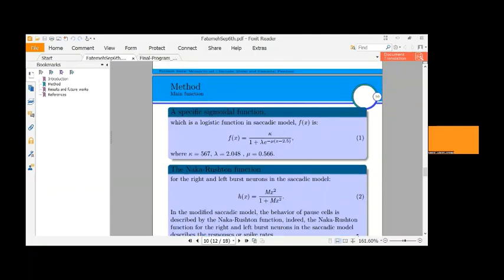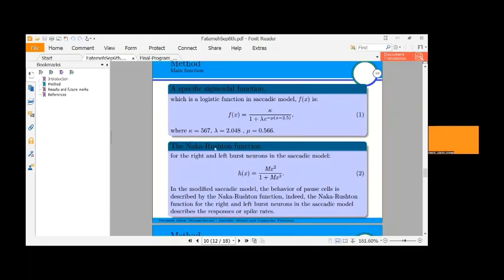In this presentation, I want to introduce a new function in order to replace f of m in the saccadic model. Actually, this function is very close to the recorded figure by Van Gisbergen. Indeed, f of m will be obtained by using the specific sigmoidal function, I mean the logistic function, in equation 1, and the Naka-Rushton function for the right and left burst neurons in the saccadic model, I mean equation 2.